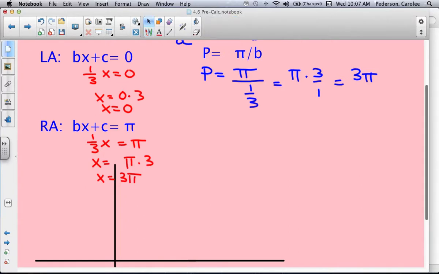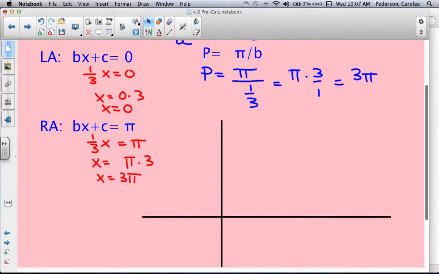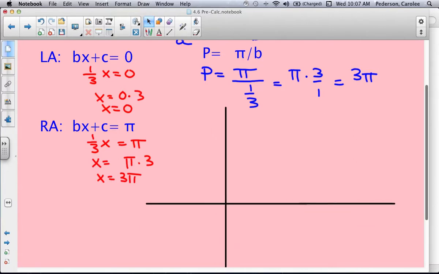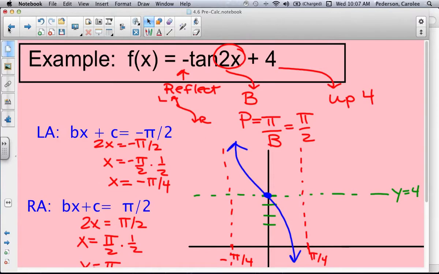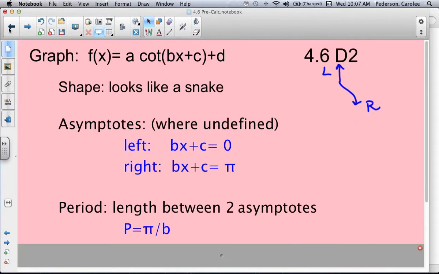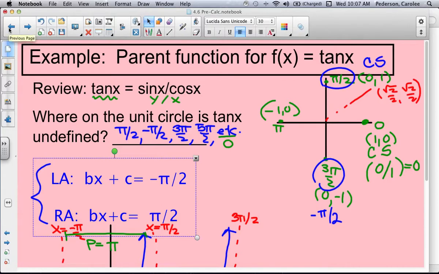Why did the asymptotes change? Why is it 0 and pi, rather than negative pi over 2 and pi over 2? It depends on where the functions are undefined, when that denominator equals 0. So for tangents, it's negative pi over 2 and pi over 2. For cotangents, it's 0 and pi.